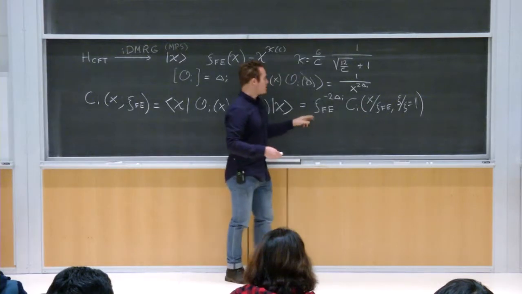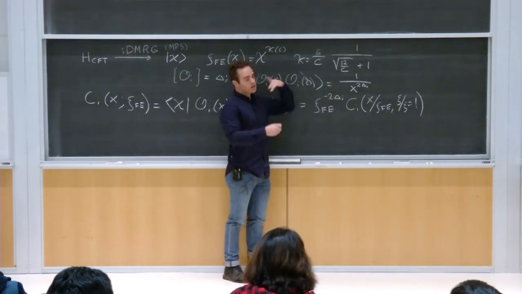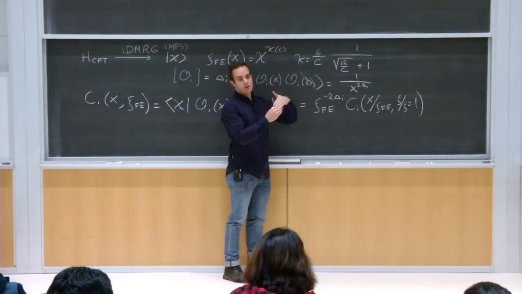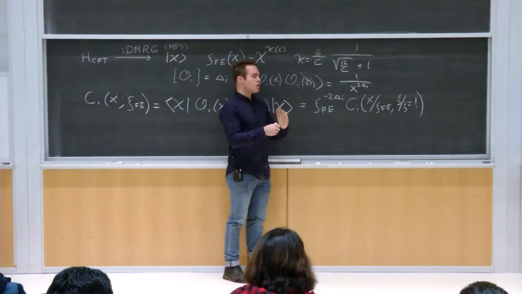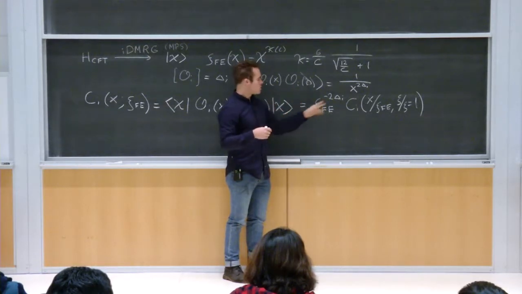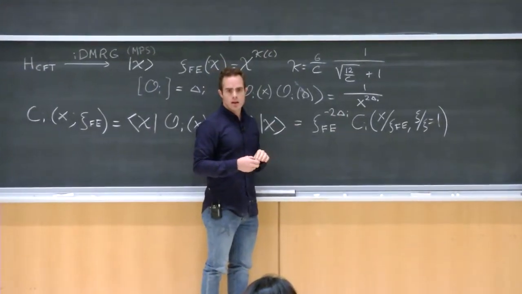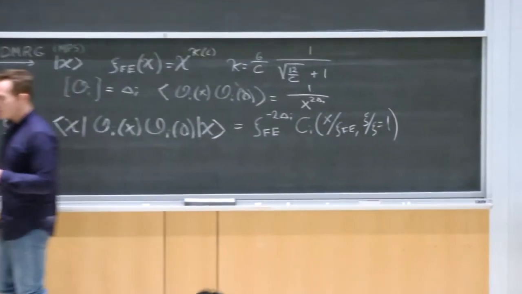And what you should find is, if you plot all of these data sets, if you pick delta correct, all of them will collapse onto the same curve, and you know you've extracted delta. Whereas if you guess the wrong delta, then they'll be shifted relative to each other. So then just by twiddling around with delta and looking for collapse, just like you would with finite size scaling, you can extract the scaling exponent.